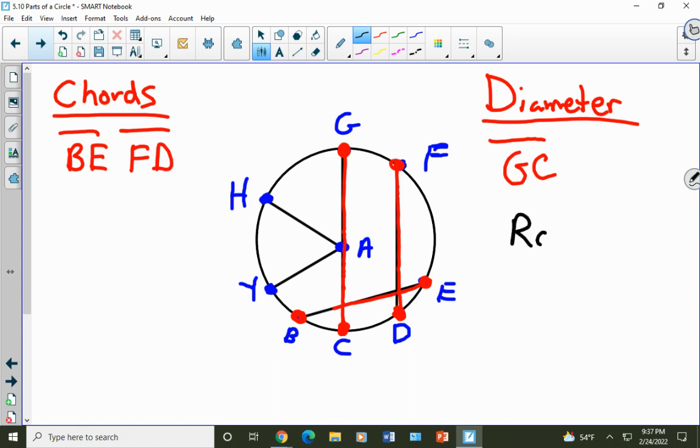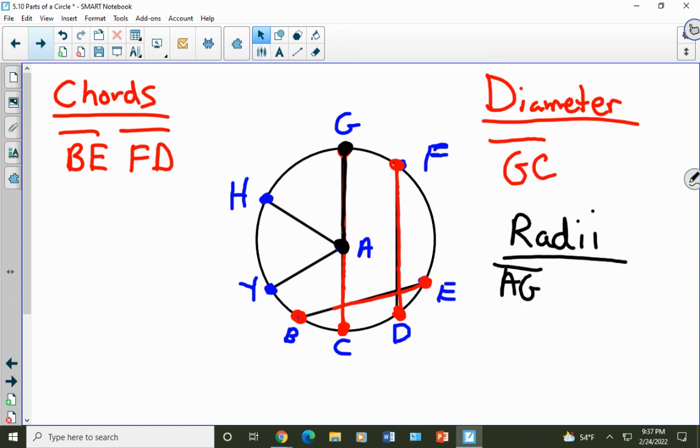So let's write the word radii here because we have more than one. Okay, so we start at point A, the center point. Where can I go to a point on the circle? Well, I can go straight up to point G, that's on the circle. So AG is a radius. Okay, line segment AC, sorry, moved it.